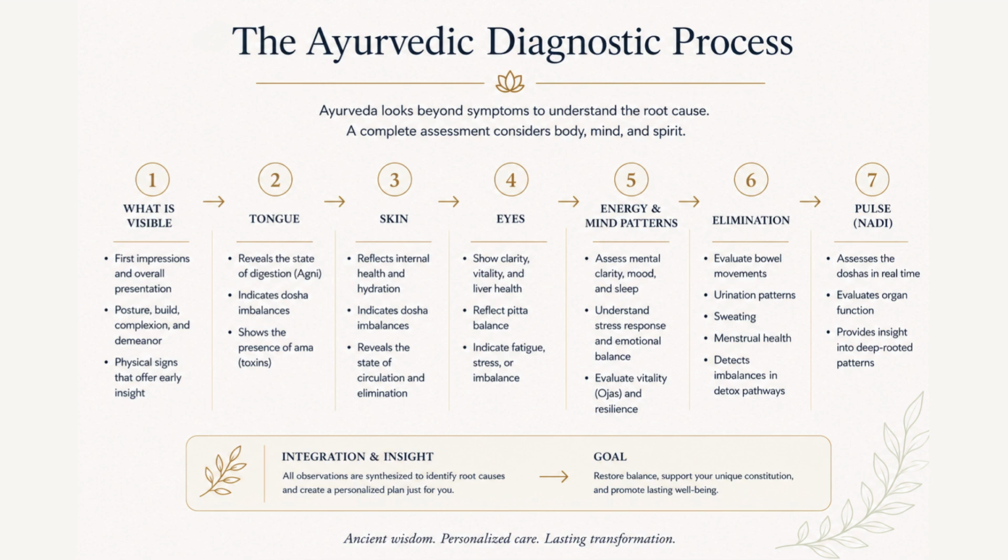The tongue, the skin, the eyes, the energy patterns, the elimination patterns. They're not secondary indicators. They are primary data points in Ayurveda. You don't need interpretation yet. You just need attention. So I'll pause here for you to screenshot.